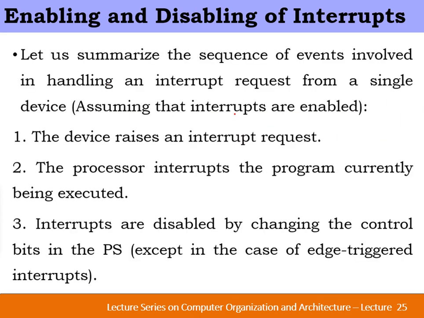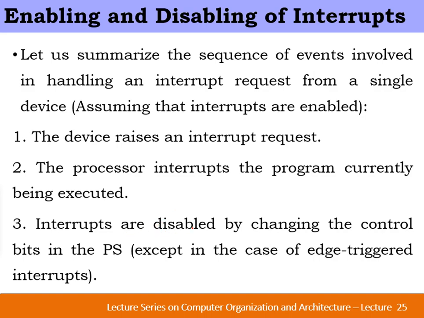Now let us summarize the sequence of events involved in handling an interrupt request from a single device. First, the device raises an interrupt request as soon as it becomes ready. The processor interrupts the program currently being executed, that is, it stops the execution of that particular program.